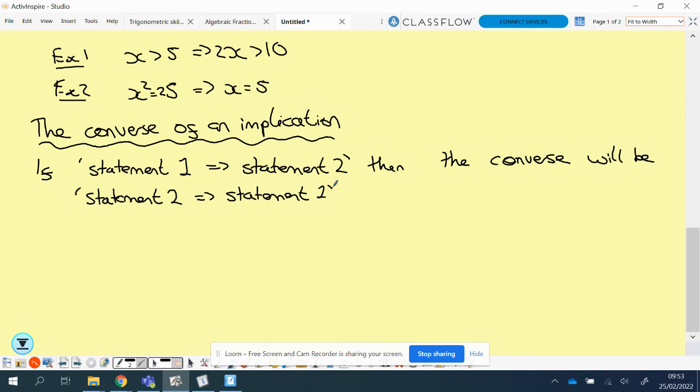Does that make sense? So if something implies the other thing, then the converse asks, does statement 2 imply statement 1?